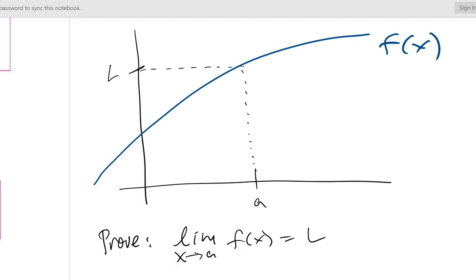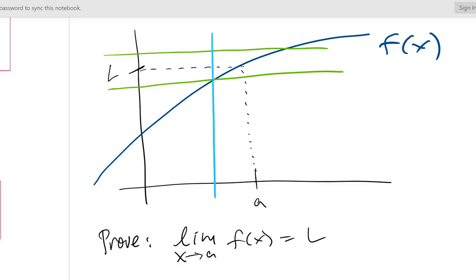The way we do that is we pick an epsilon, and we pick a distance around L. I'm going to draw that with horizontal lines. These horizontal lines are going to be the same distance away from L. And with those two horizontal lines, they correspond to vertical lines. Let's draw those.